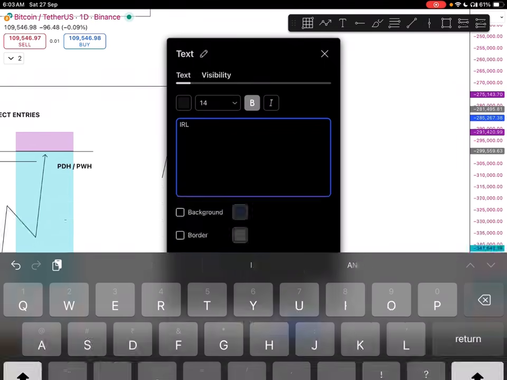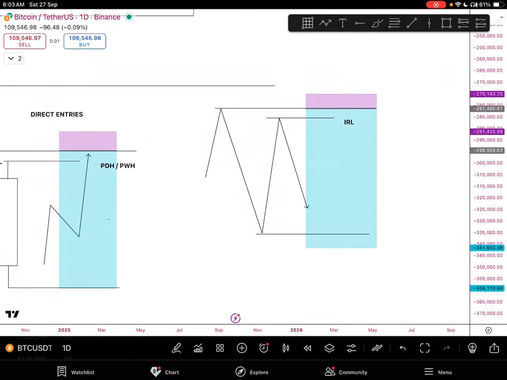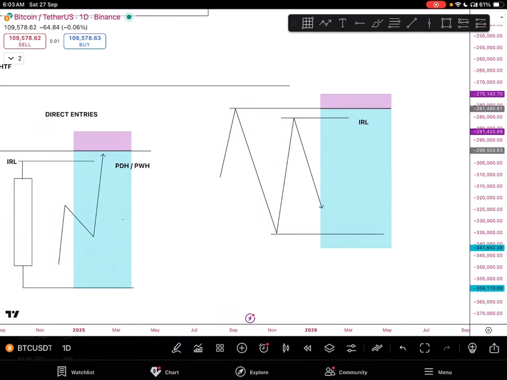Okay, internal range liquidity. So don't forget that these are higher time frames, like daily or weekly time frames. My entry is a daily time frame entry, which is a direct entry with a stop loss of 20 pips, not more than 20 pips.